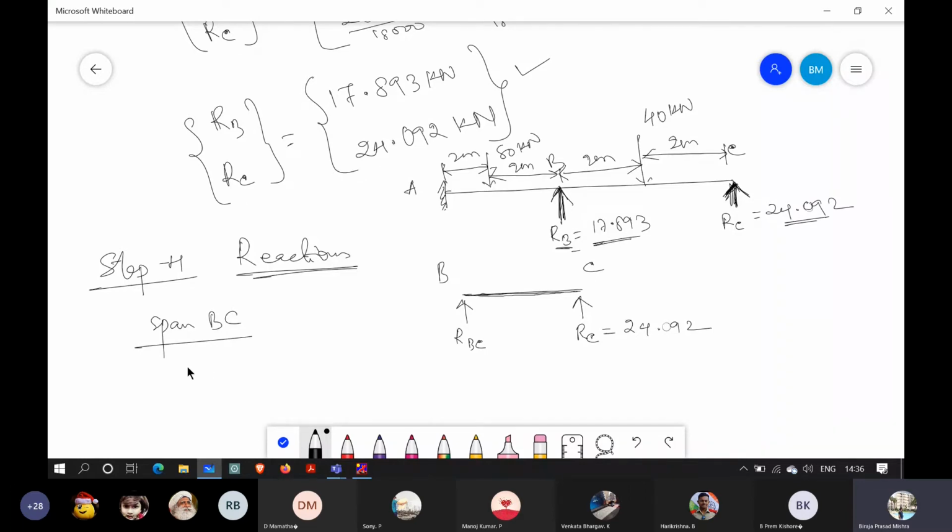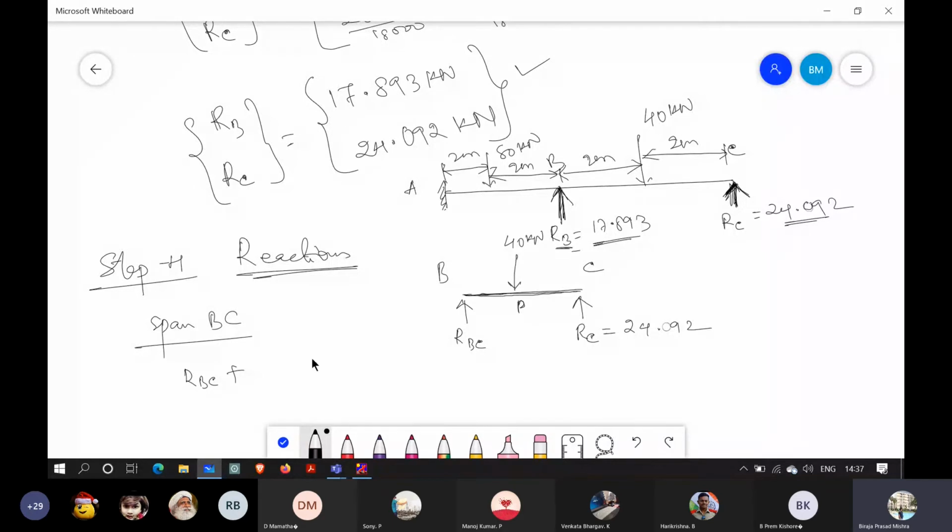So we have the 40 kilonewton load here. Let us say this point is called P.